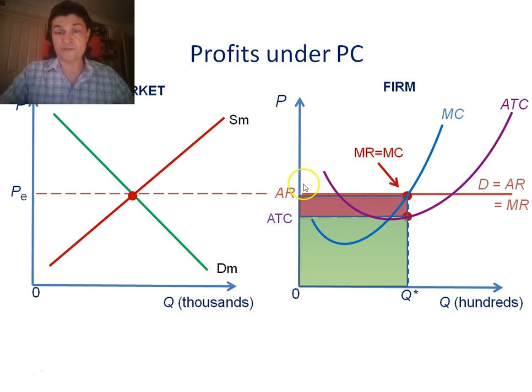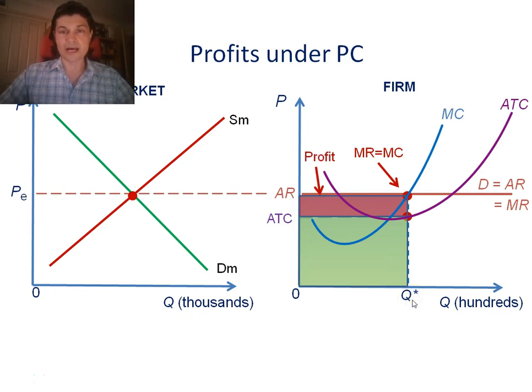It is going to be our profit. Because at this stage we are producing Q star, because this is the quantity that maximizes our profits at the profit maximizing level, and the difference between the price at which we are selling the product and the average total cost is the profit per unit, which we're basically multiplying by the number of units in order to obtain the total profit.